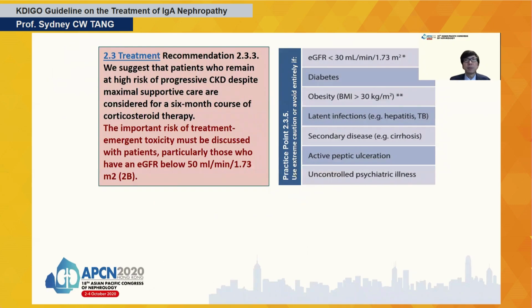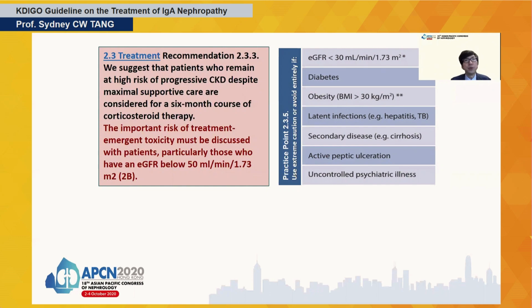Now, of course, there are some caveats on using corticosteroid that we have to pay attention to, and it is important to stress to the patient about emergent toxicity that may come as a result of using corticosteroid, particularly in patients with low GFR.